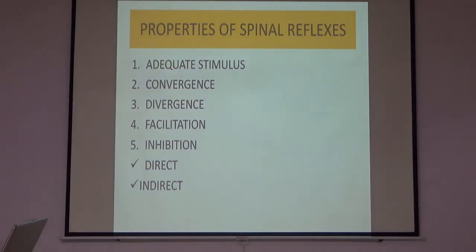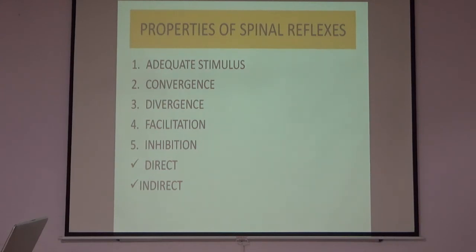So that is facilitation. And what is inhibition? Inhibition is a decrease in the activity of the target neuron. For example, reciprocal inhibition in the spinal cord. We have seen reciprocal inhibition when we talked about the spinal cord in previous classes.